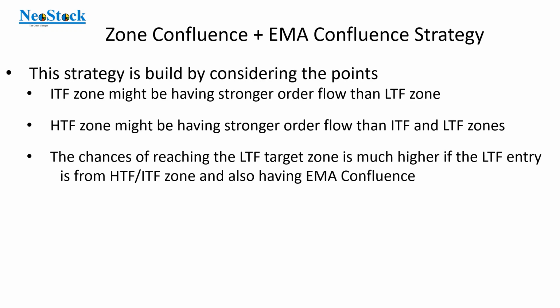You have an ITF zone. Inside the ITF zone, you have an LTF zone. And the ITF zone is also having ITF EMA confluence. Price reaches the LTF zone, which is a part of the ITF zone. If that is the case, the chances are very high.